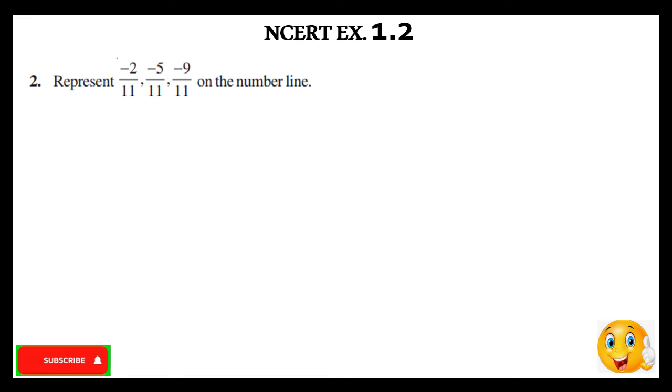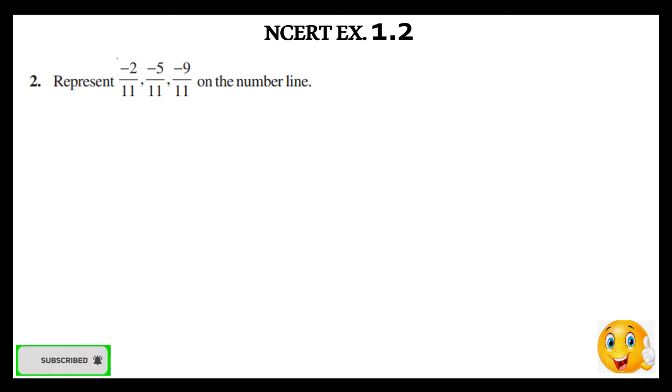Now next question is here, represent minus 2 by 11, minus 5 by 11, minus 9 by 11 on the number line. So here we have the same denominator, that is 11, and we have the different numerators. So each rational number is to be represented on the number line, and we have the negative numerator in each case.